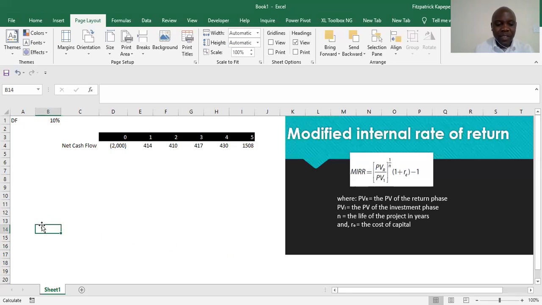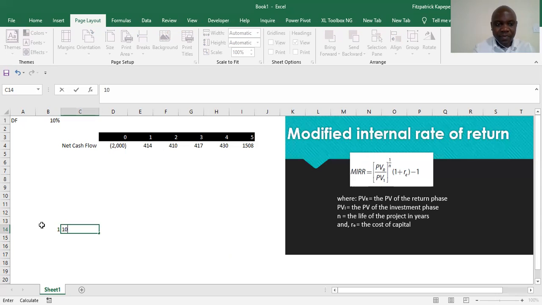Let me just explain it in a different way. Let me go to this worksheet. So, for example, in year one, you say you will make 1,000.